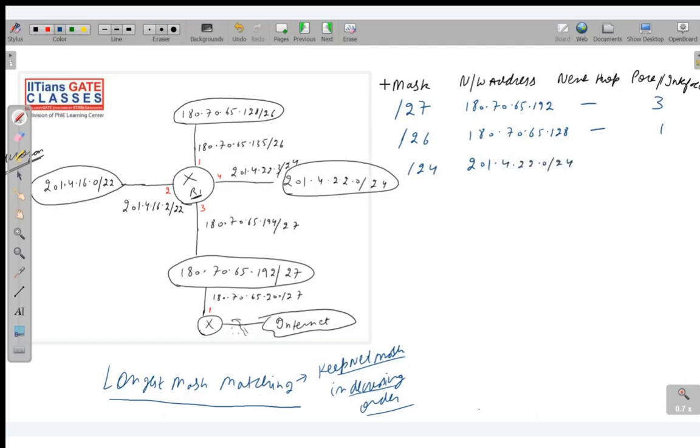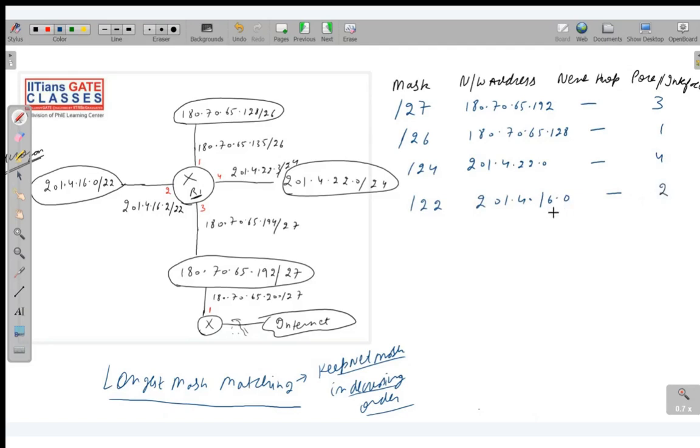Sorry, only this 0. Next hop is dash, and port is 4. Next is slash 22, 201.4.16.0. Next hop is nothing, and the port is 2.